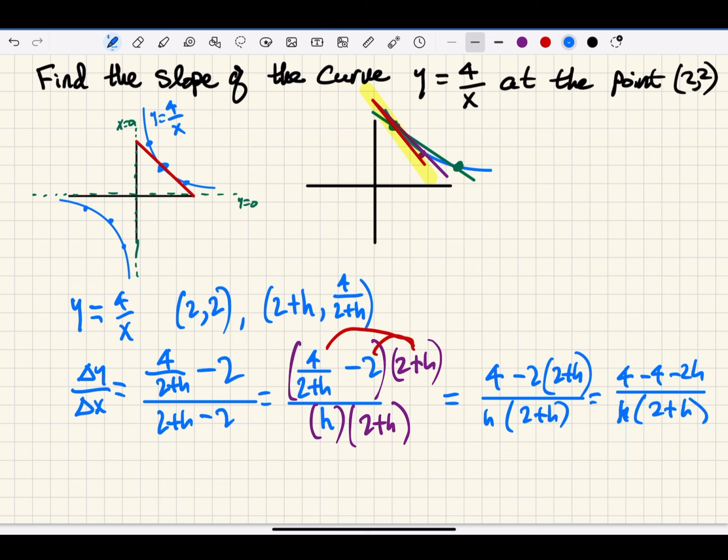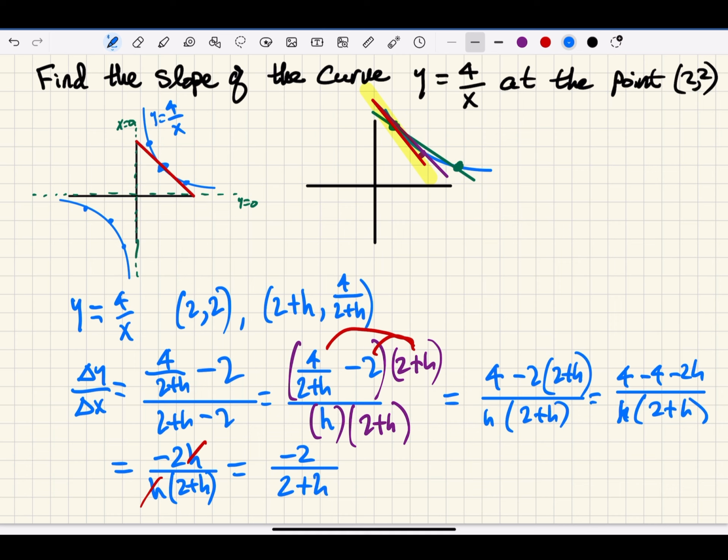Now, in the numerator, we can eliminate the 4's, so we would have minus 2h over h times 2 plus h. Now the h's can cancel, and we wind up with minus 2 over 2 plus h.